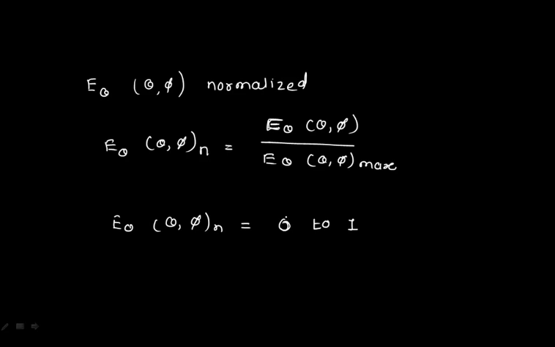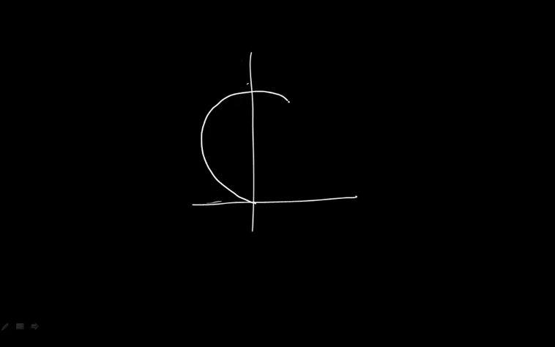So whenever I'm talking about the normalized field pattern, how am I going to draw it? I'll take the example of a directional antenna. So आपका directional antenna maximum radiate कर रहा है. So अगर आपका maximum radiate कर रहा है in a particular direction, you will get this kind of pattern. ठीक है, अब if I'm getting maximum radiation at 0 degree, the radiation pattern will be this one, because I have theta on this axis and electric field intensity in this direction, but it is normalized. ये आपका normalized है, maximum value will be 1, minimum value will be 0. ठीक है, and I'll have some side lobes over here, in the other directions.